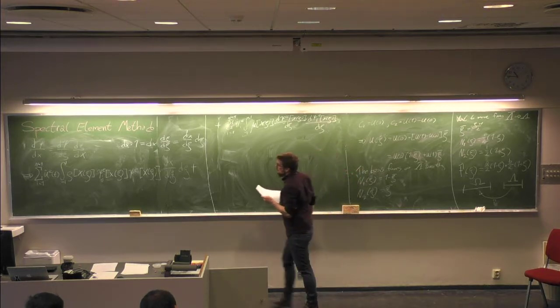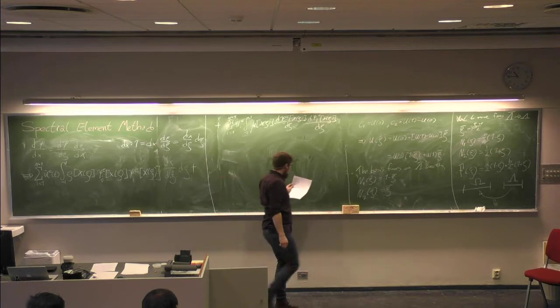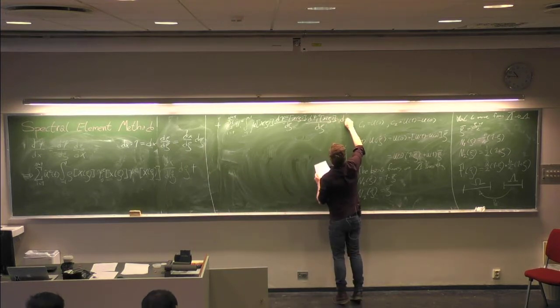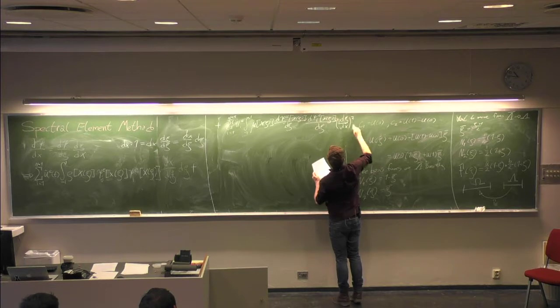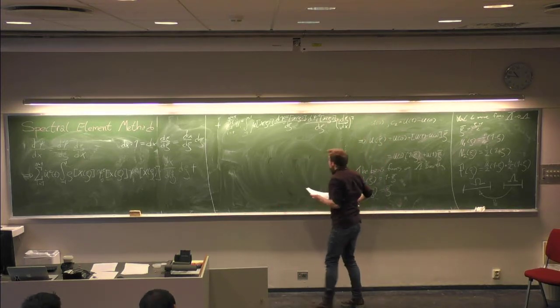Then, well, we're using this. So we need to introduce d over dx squared. That's because we are transforming our basis functions.